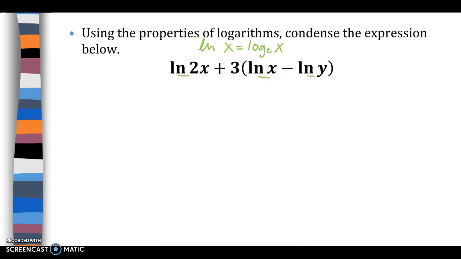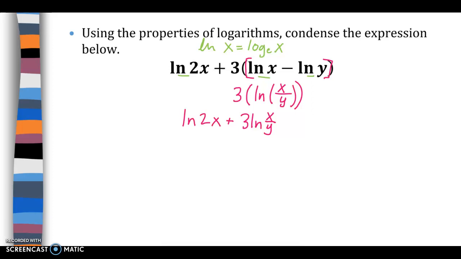We have a subtraction going on here, which signifies what? Quotient rule. So this becomes 3 times the natural log of x, our numerator, over y, our denominator, which we can just rewrite as 3 ln of x over y, and then we're adding natural log of 2x.